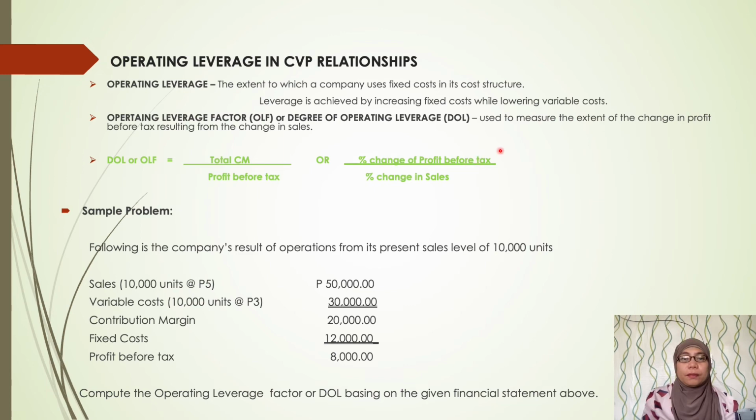So, there is a formula for getting the operating leverage factor. DOL or OLF equals total contribution margin over profit before tax, or percentage change of profit before tax over percentage change in sales.